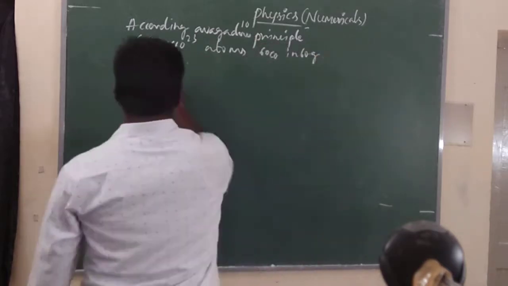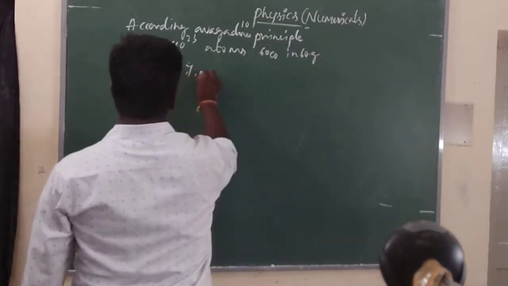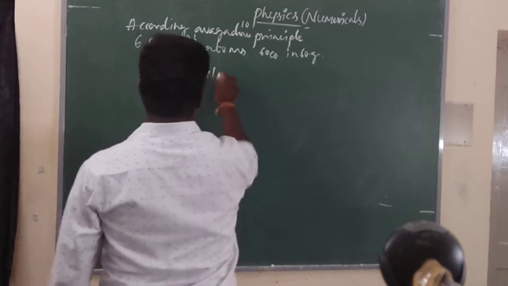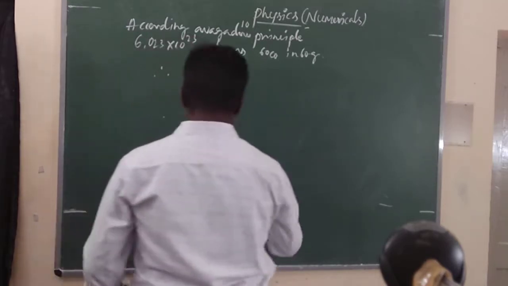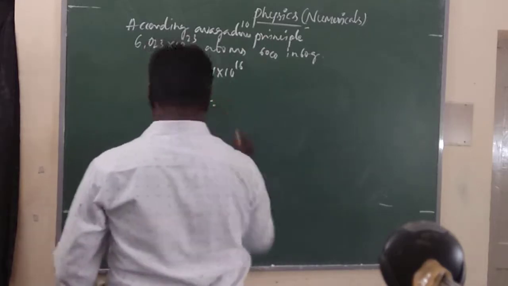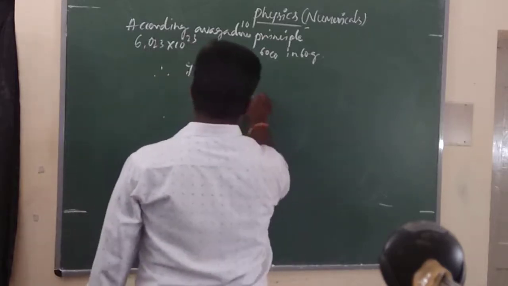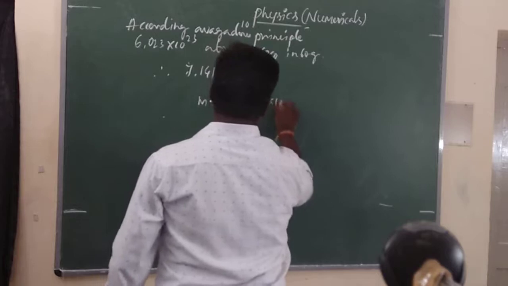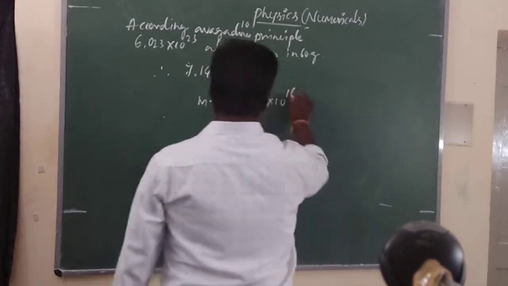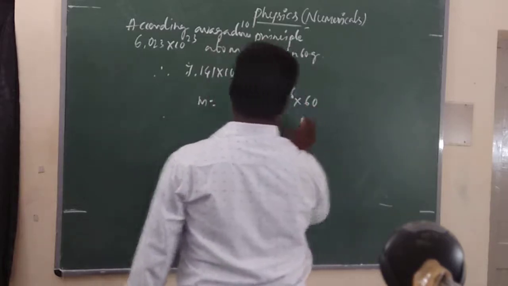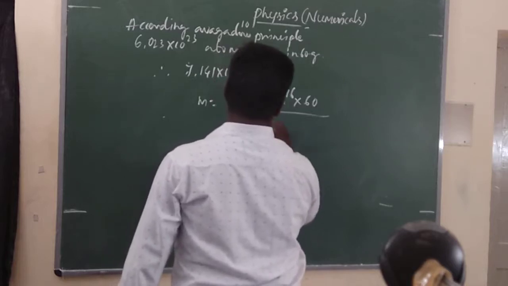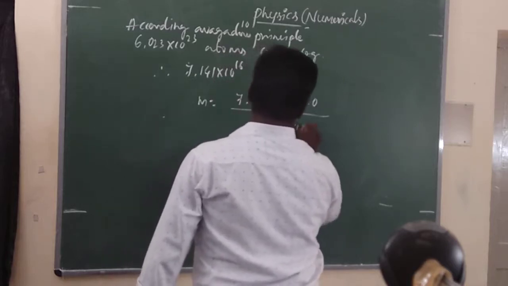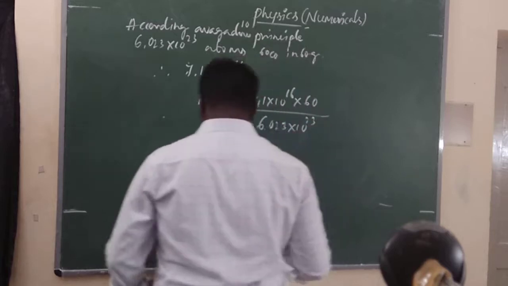So how many grams are 7.141 into 10 to the power of 16 atoms? To calculate the mass, that is 7.141 into 10 to the power of 16 into 60 grams of cobalt divided by the Avogadro number, 6.023 into 10 to the power of 23.